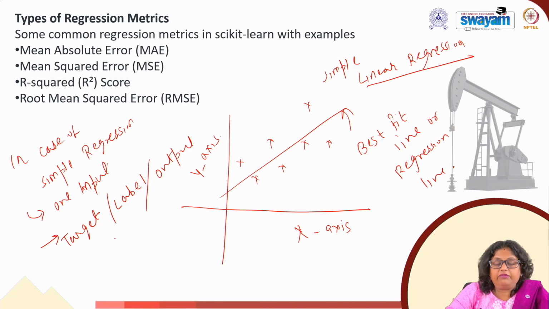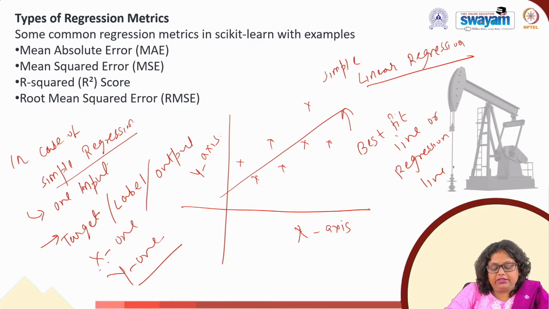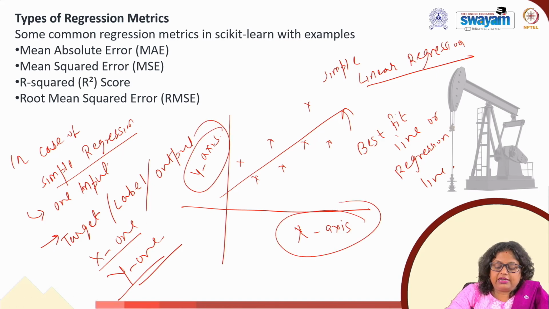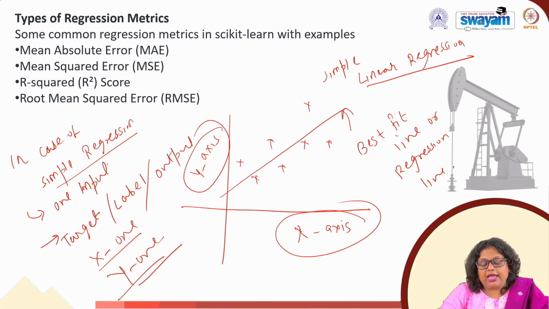When we talk about simple linear regression, we have only one x value and one y value, and there is a linear relationship between the x and y components. x is on the x-axis and y, which is the target, is on the y-axis. Between x and y, we assume there is a linear relationship.